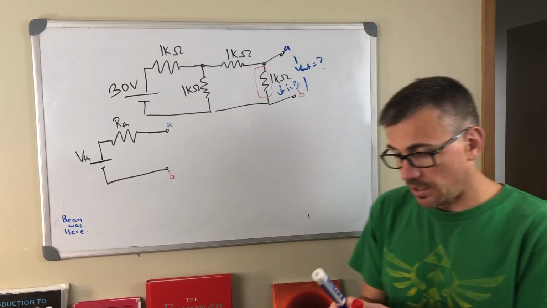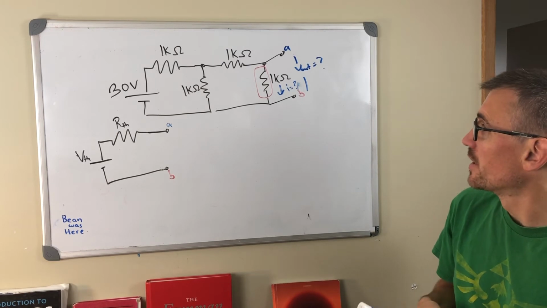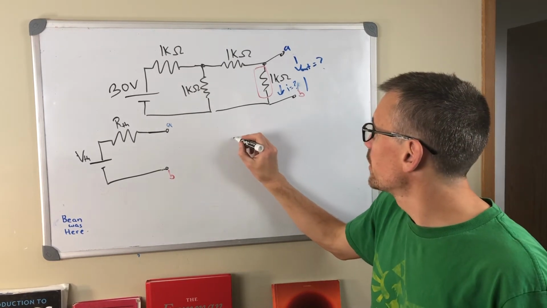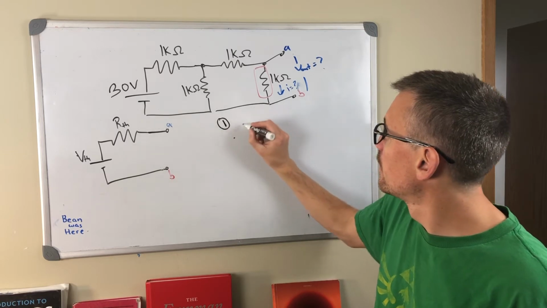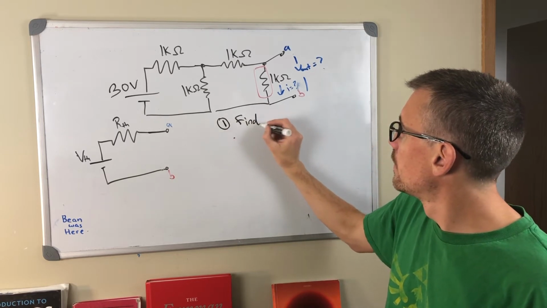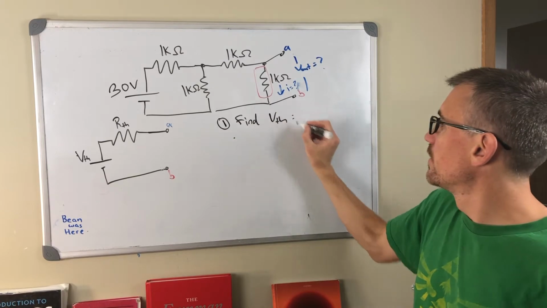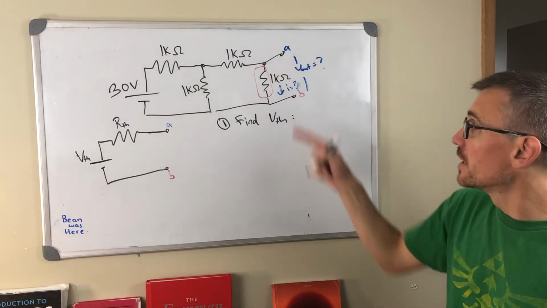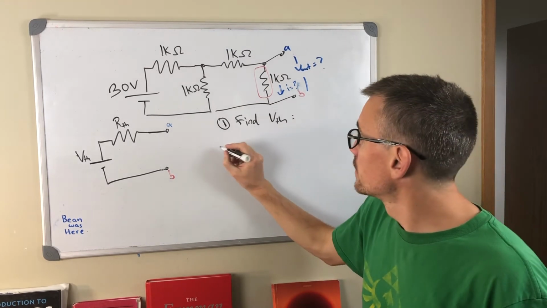So we're going to apply the textbook, or rather the cookbook algorithm. It's kind of just a recipe. So we're going to find V Thevenin. And to do that, remember, we just remove anything between the terminals and calculate the equivalent resistance. So let's do that.